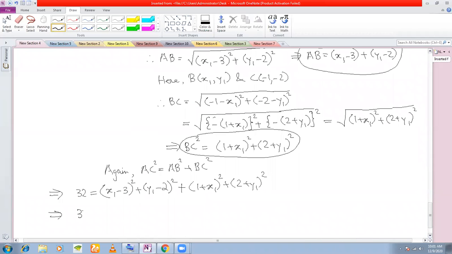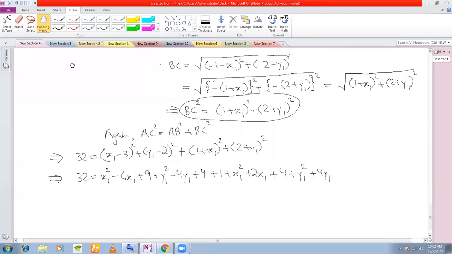Let's see. Expand this. You have x1 square minus 6x1. Use a minus b whole square expansion plus 9 plus y1 square minus 4y1 plus 4 plus 1 plus x1 square plus 2x1 plus 4 plus y1 square plus 4y1.